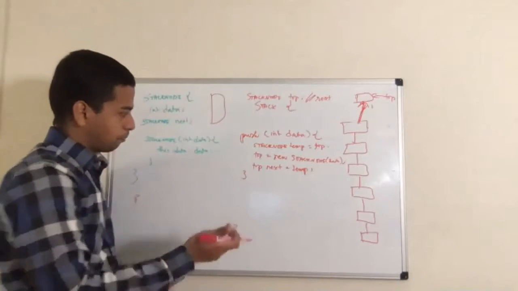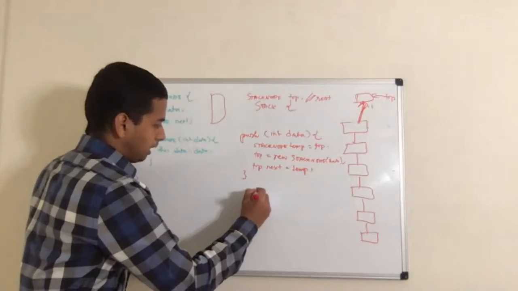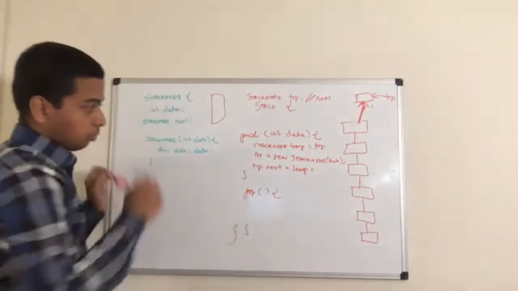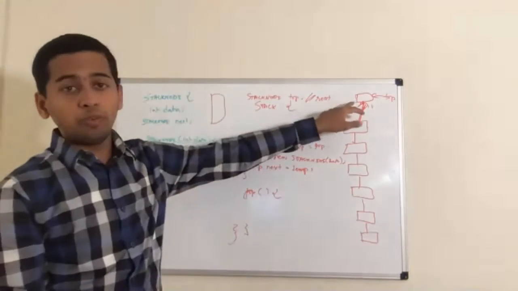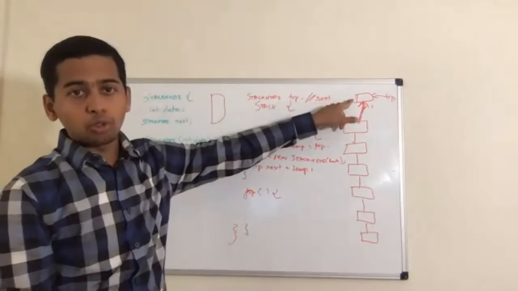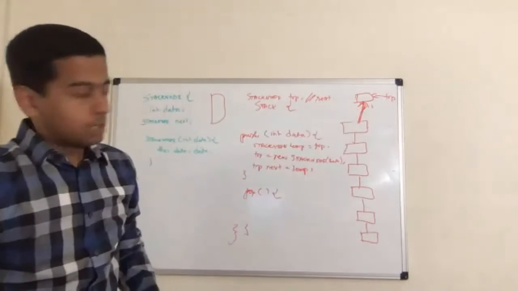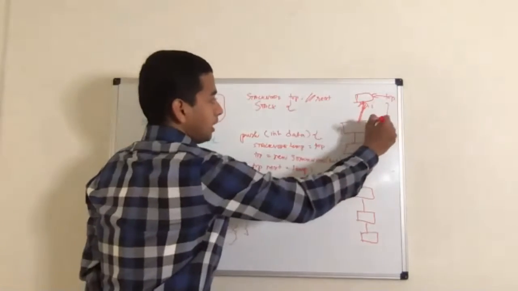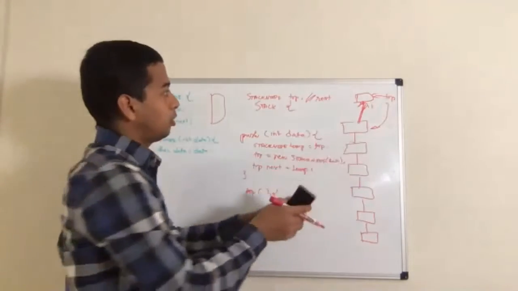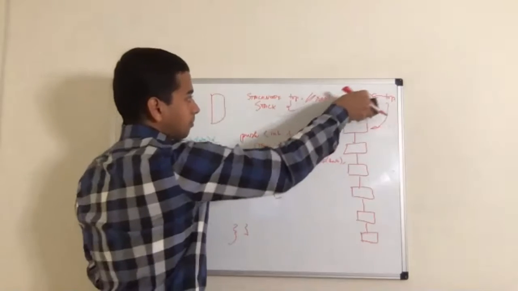And the next one is pop. Pop is very simple. Like I already said, it doesn't take any input. What does pop mean? Pop means I'm removing this top node, correct? The top means the topmost record. So I should make the next record my top, and I should remove this link.